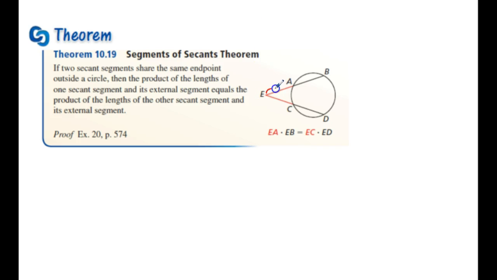Here I take this external piece and multiply it by the whole thing, that's this whole thing right here. And that's going to be equal to this external piece times the whole thing. So I'm multiplying the external part by the whole thing to set them equal to each other.